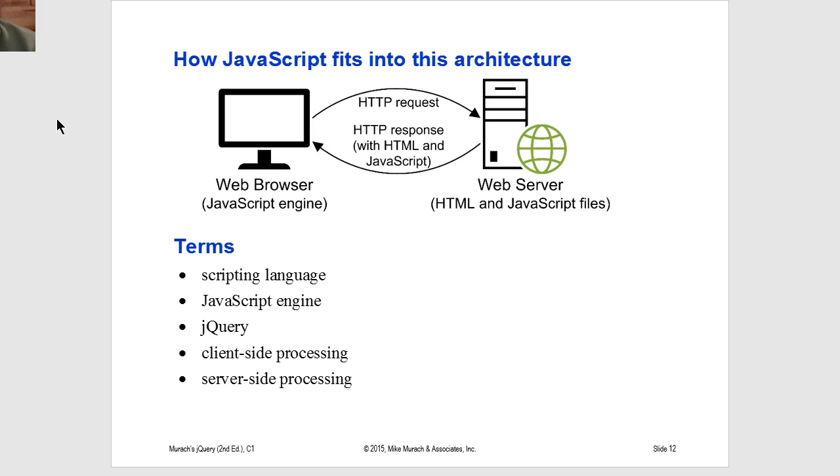And that's where JavaScript fits into this, is that in that return trip of that HTTP response, it's not only just HTML code or the HTML tags that are coming back to your browser, but also a bunch of JavaScript code, and the JavaScript objects are coming back as well, or the jQuery. Now, the JavaScript engine already lives inherently in your browser.